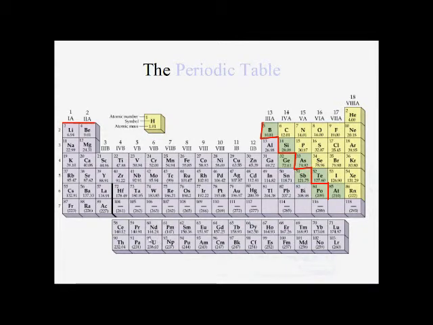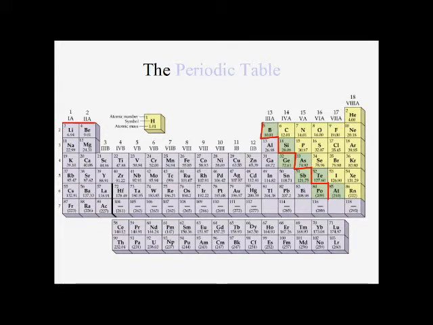We had natural elements up to element 92, uranium. All the elements past 92 are synthetic. We made them in a variety of processes: linear accelerators, cyclotrons, nuclear reactions, nuclear reactors. So they are all synthetic.